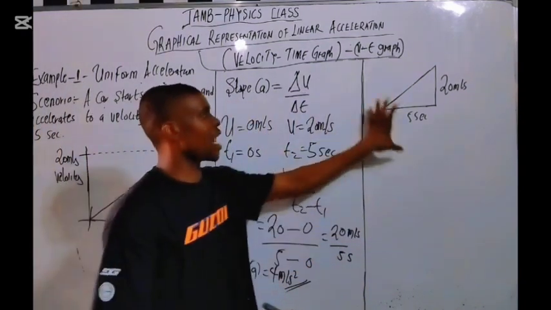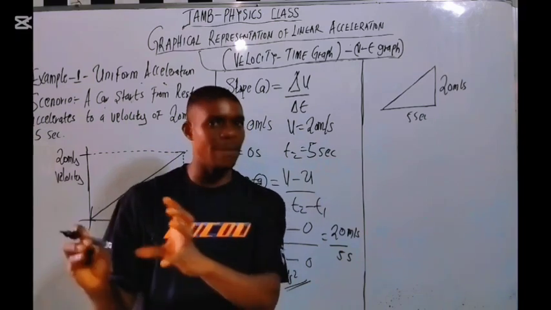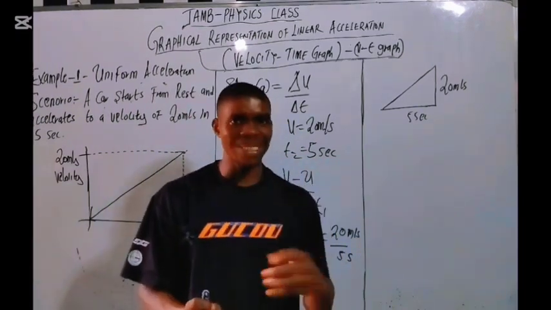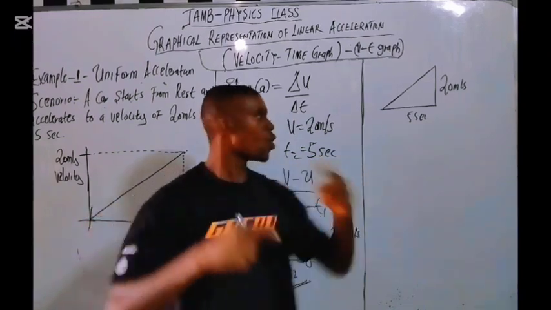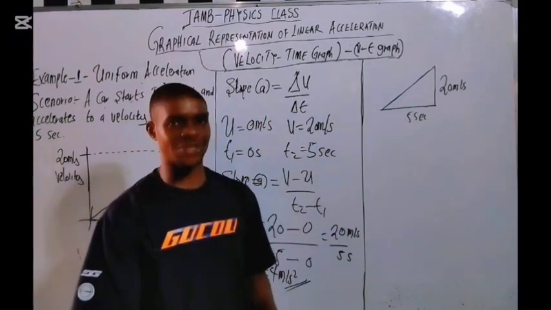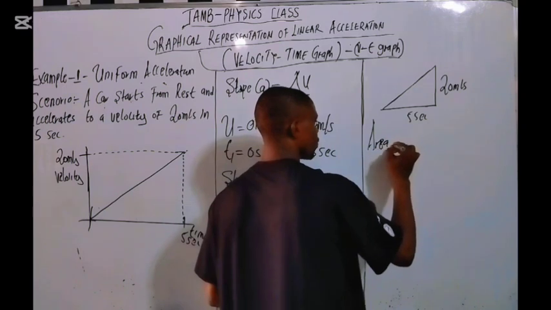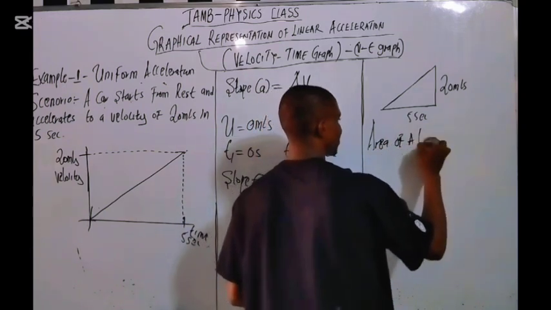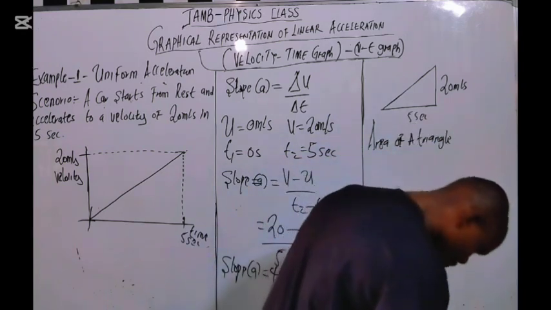So what is the area of a triangle? The distance traveled is the area, so the area of the graph is the distance traveled.